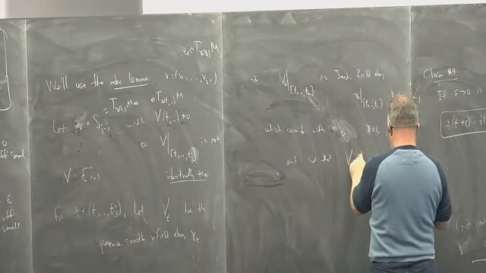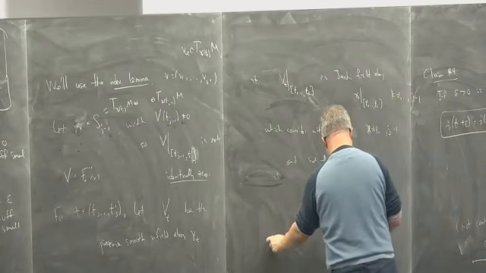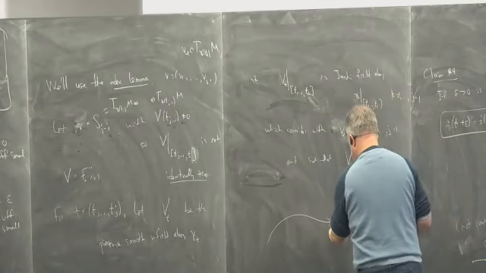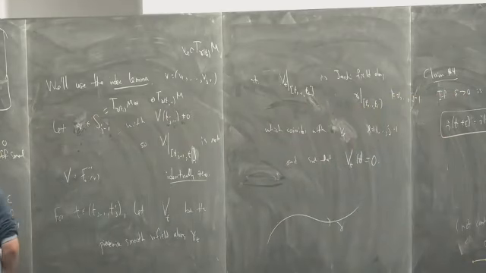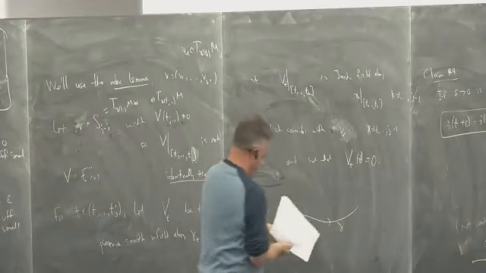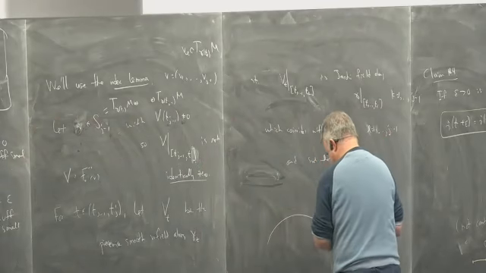Vt at t equals 0. So let me draw a picture. It'll make it easier to see what's happening. I haven't used that much color today. Okay, so let's draw.